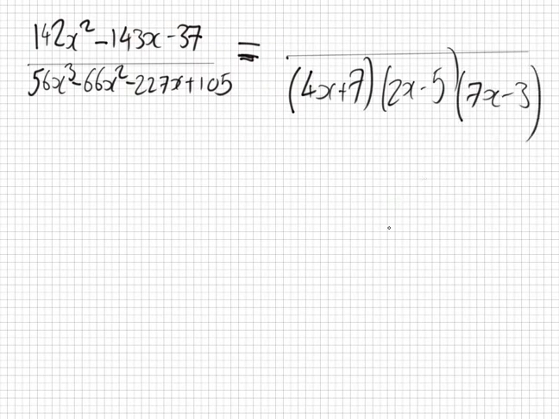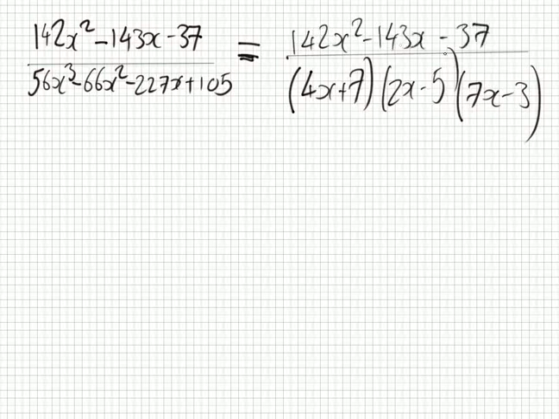Did you get the same? 56 minus 66 minus 227, 105. Yes. Alright, 142x squared minus 143x minus 37.